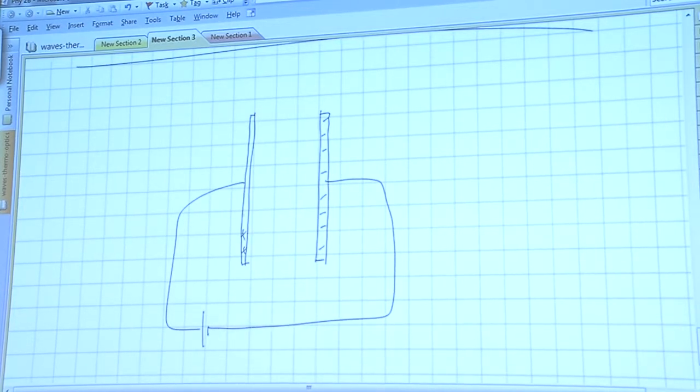The protons are left behind. We get this charge separation. Now there's an electric field between those plates. Looks something like this.